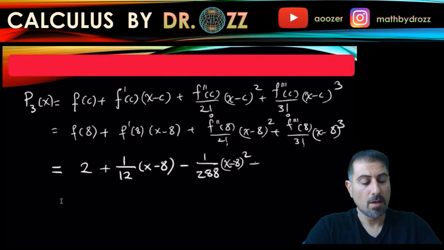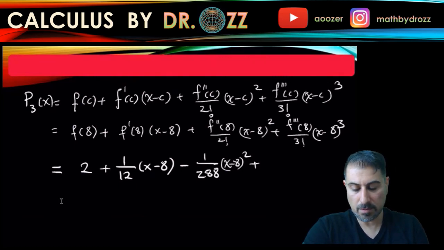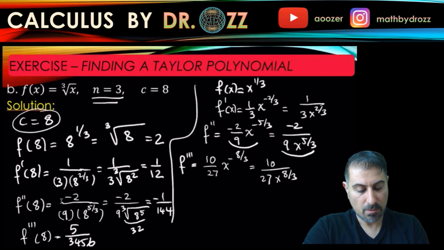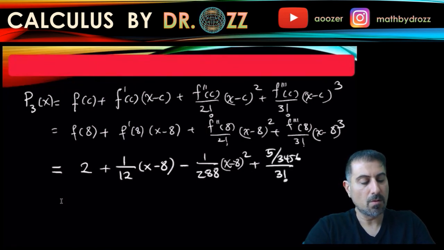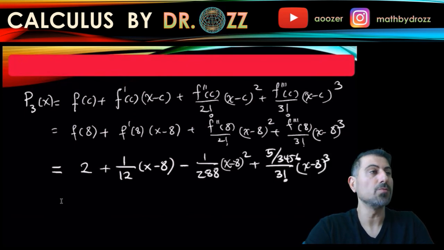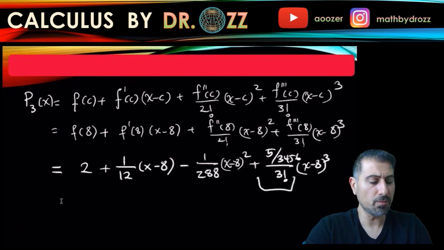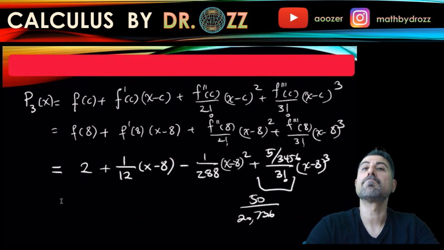And finally, this is going to be a tough one. 5 over 3,456 over 3 factorial times (x minus 8) cubed. I think I should check this back. Okay, this should be 5 over 20,736.